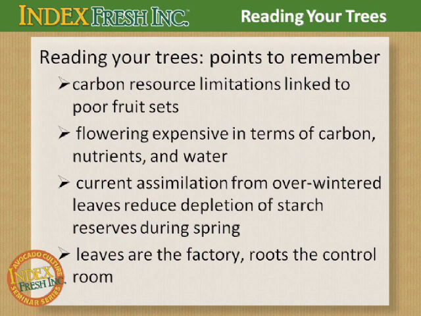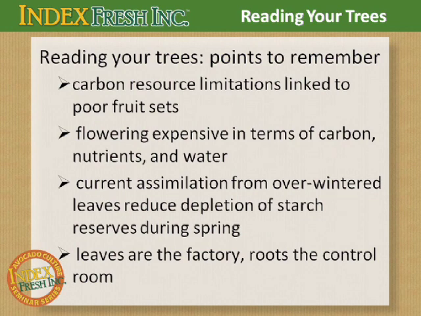More points to remember. Carbon resource limitations are linked to poor fruit sets. Yep, true. Flowering is expensive in terms of carbon, in terms of nutrients, in terms of water. Please remember that. It's important. Don't stress flowers. You won't get good sets.